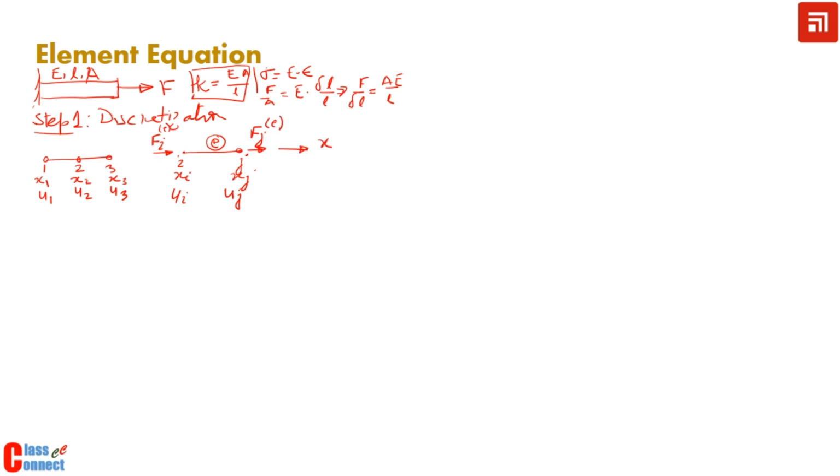So now we can draw the free body diagram of node 1, the ith node. So we get this Fi, and the force from this eth element on this will be ui minus uj. If this ui minus uj is positive, it means ui is more than uj.